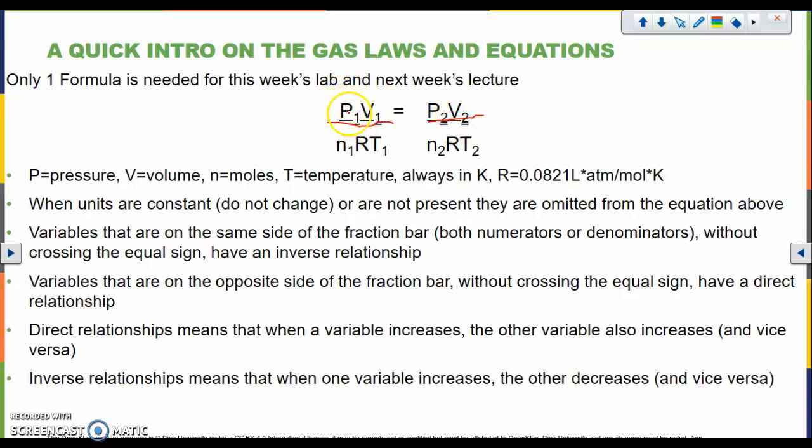What this means is that when pressure goes up, what happens to the volume? Okay, anyone? That is called an inverse relationship. So if I decrease the volume, I increase the pressure, and vice versa, right? If I increase the pressure, what happens to the volume?